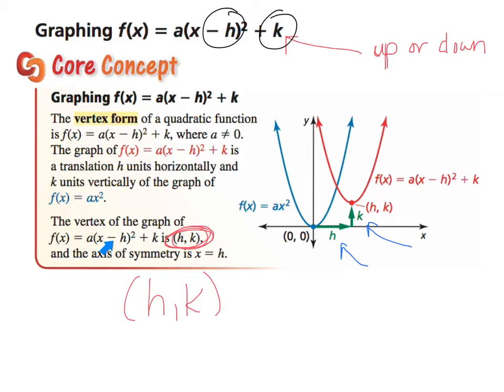But notice right here that the minus is part of your formula. So if it's minus 5, that means the h is just 5, not negative 5. So if you had this, 3 times x minus 2 squared minus 7, your h is 2, your k is negative 7, which means your vertex would be 2, negative 7.